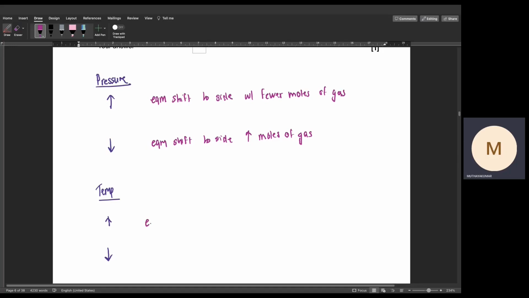So the equilibrium will shift in the endothermic direction. So increasing the temperature shifts it in the endothermic direction. It wants to take in that heat. If we decrease the temperature, it will have the opposite effect. The equilibrium will shift in the exothermic direction.